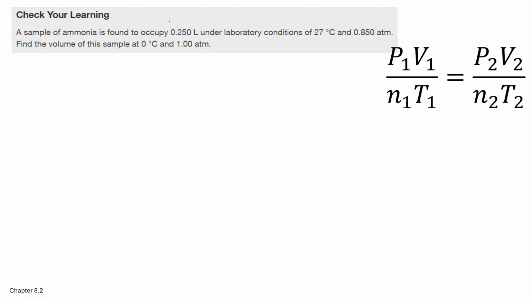All right. So this is a volume, so we'll call this V1. This is a temperature, we'll call this T1. Here we have P1, pressure, and it wants us to find the volume. So it's going to be our V2 at these different conditions.